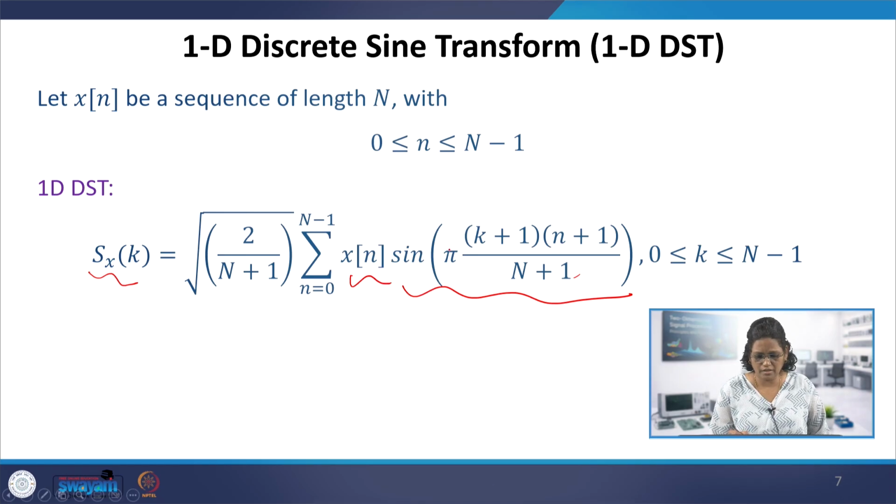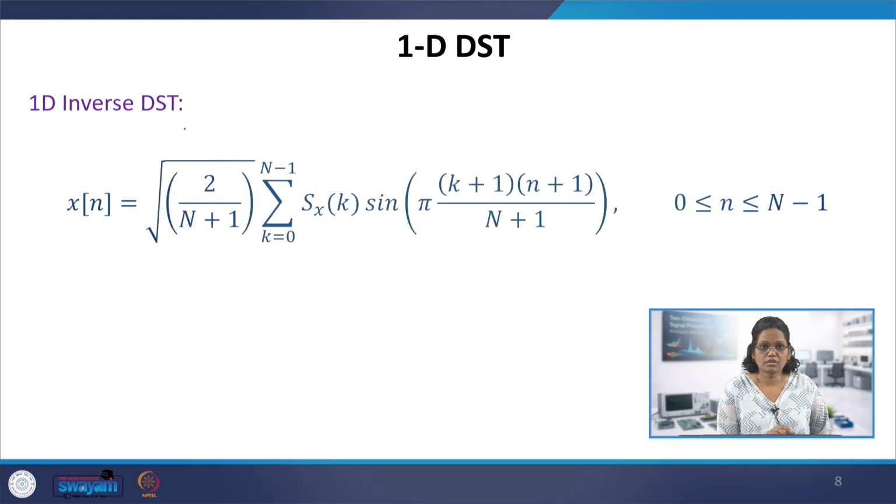We can take this and get the DST for it. The inverse DST is the coefficients X of k multiplied by the basis function, for k varying from 0 to N minus 1, summing up these coefficients, and the factor remains the same, root 2 by (N plus 1).